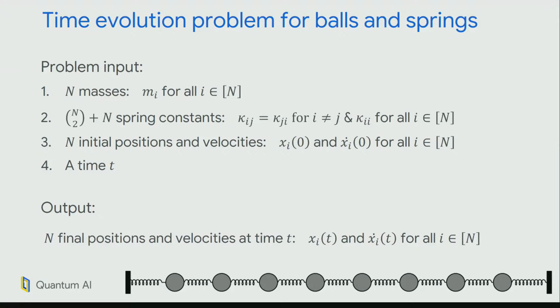This system of equations doesn't just capture balls and springs, but a whole wide variety of phenomena in physics where these things may not actually be balls or springs. These equations could come up where everything's coupled with everything. If you're just thinking of a simple system of balls and springs, it's a bit unnatural to have springs going through other balls, but the equations will make sense as written.